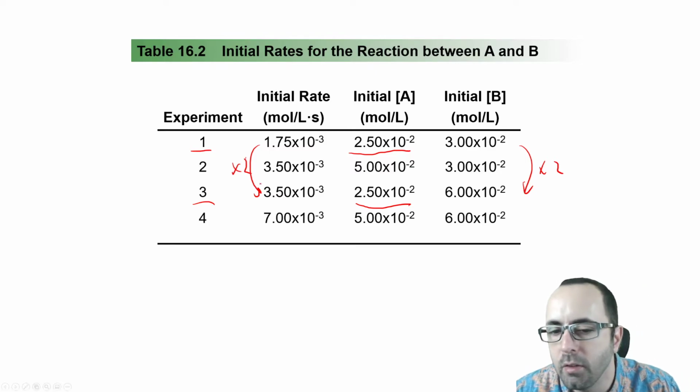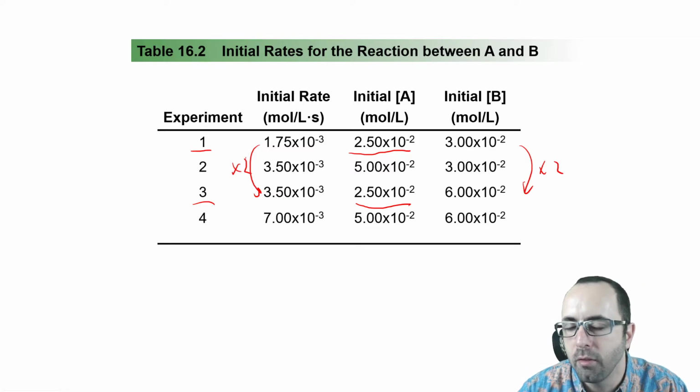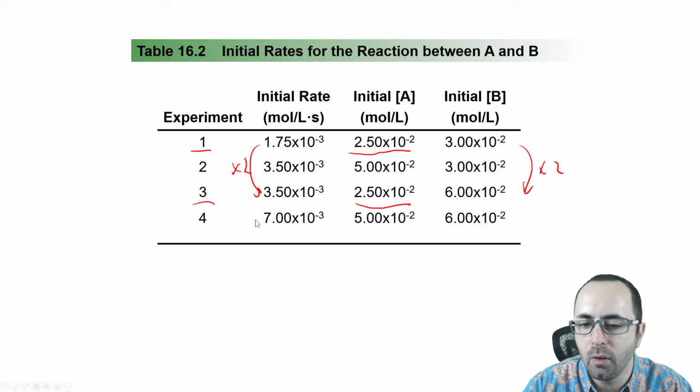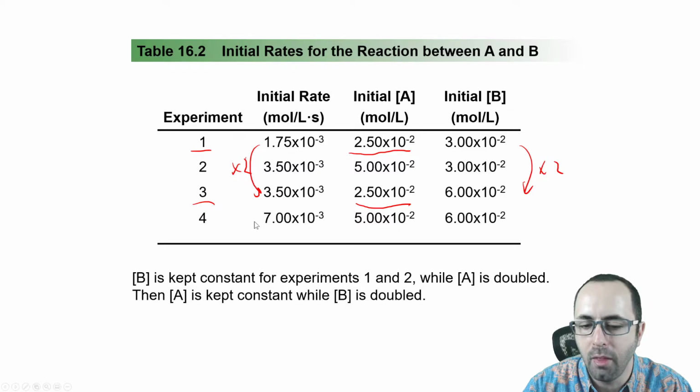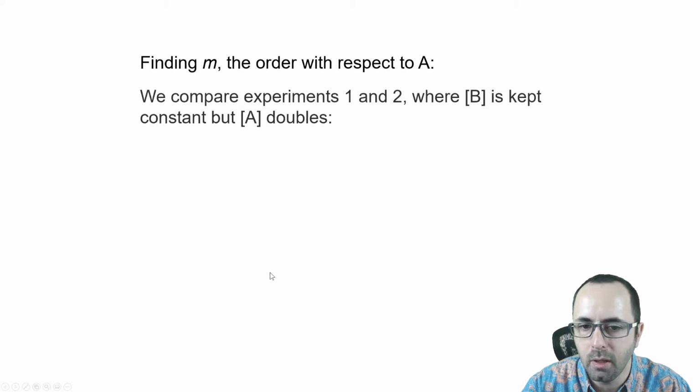So we can see here visually that this is going to be first order with respect to A and B. But how are we going to do this with math? This is just saying what I said here. B is kept constant for experiments 1 and 2 while A is doubled. Then A is kept constant in experiments 1 and 3 while B is doubled. And an extra experiment 4 was done. It's not really needed, but it could be done.